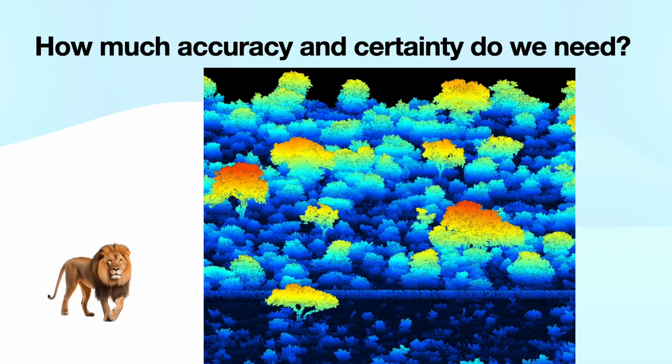So in an ecological sense, the authors do produce a map that has some error, but then the question we have to ask is how much accuracy and certainty do we need? This really depends on the ecological question that we're asking. For example, a tree of 40 meters high is probably not much different from a tree of 30 meters high in terms of canopy cover. But maybe in terms of carbon storage, a tree of 40 meters high might store more carbon than a tree of 30 meters high.